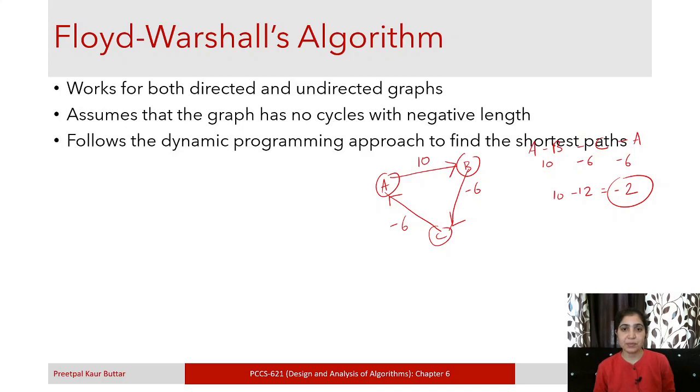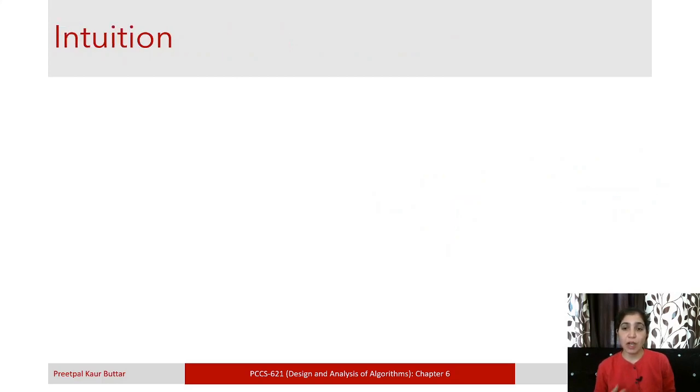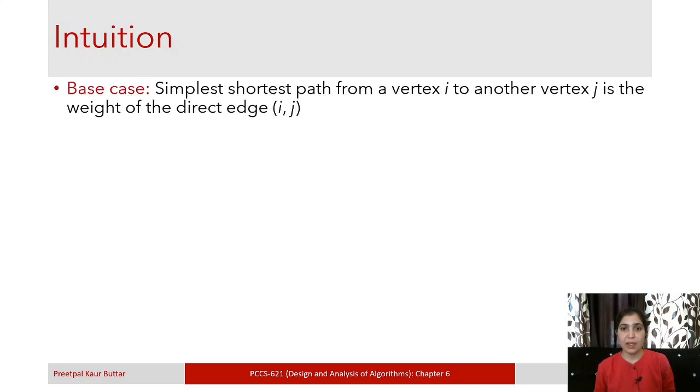And as I told you in the beginning of this lecture, this algorithm follows the dynamic programming approach to find the shortest paths. So now let us look at the intuition behind this algorithm. This is a problem which is solved recursively like other dynamic programming problems.